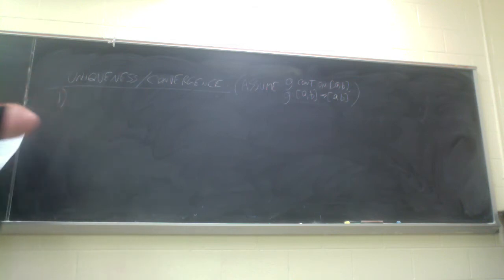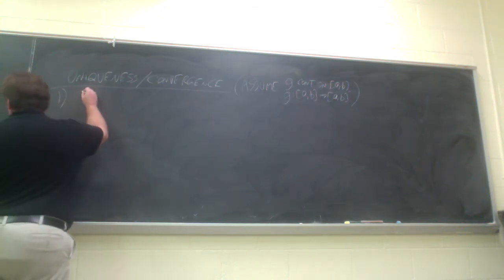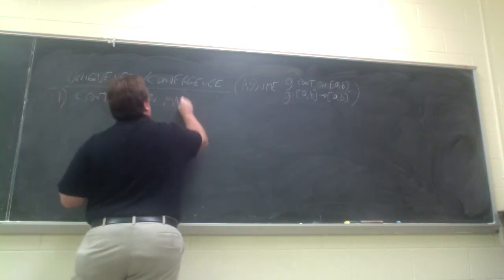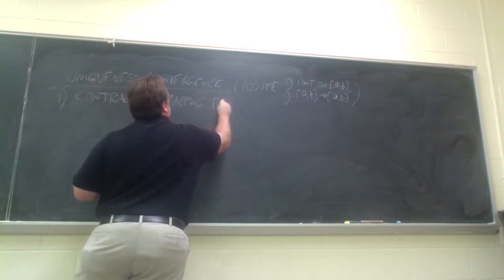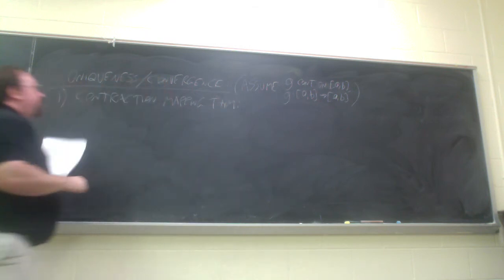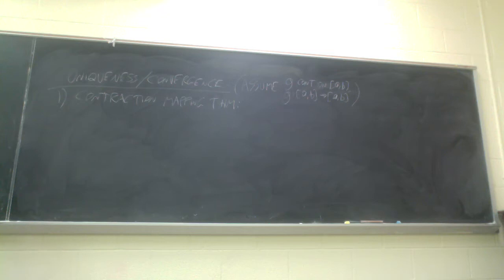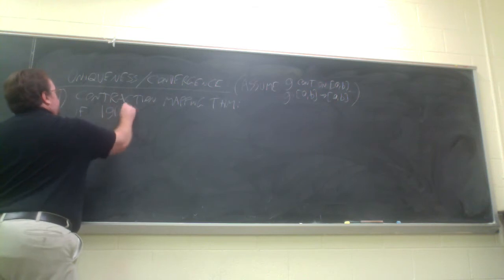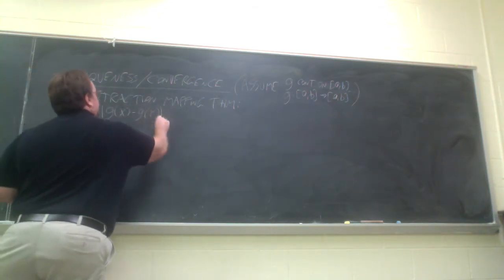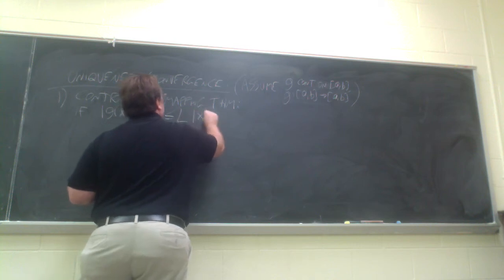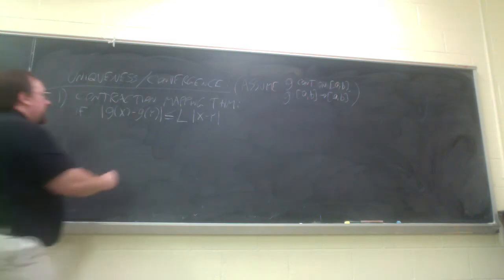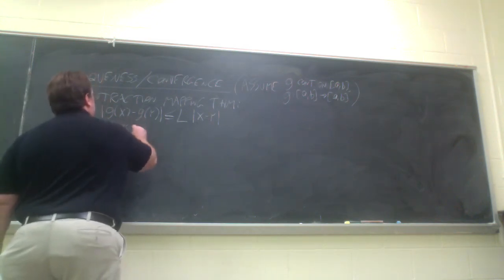So one possible criterion that gives us uniqueness is called the contraction mapping theorem. All right, so if Brouwer's fixed point theorem is already satisfied, what the contraction mapping theorem says is if |g(x) − g(y)| is less than or equal to some constant L times |x − y|, and you've seen this before, this is from homework 1, this is a Lipschitz condition.